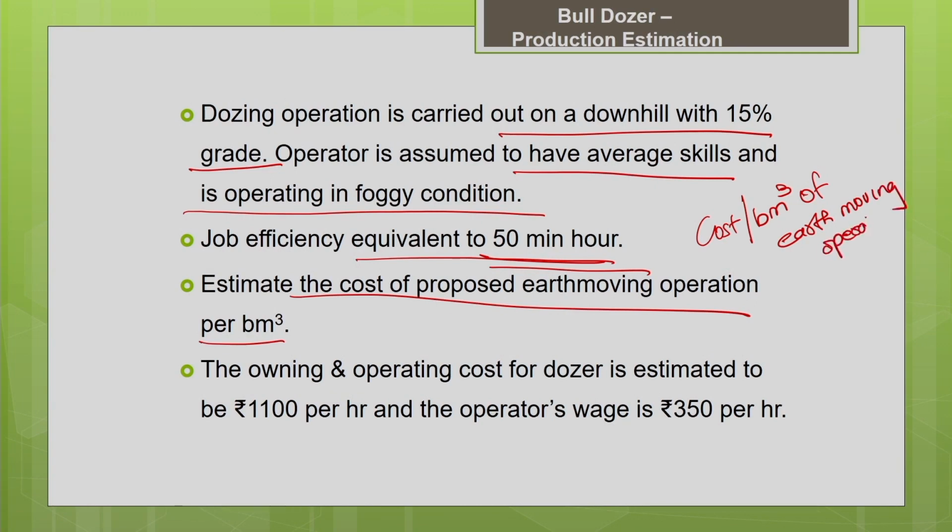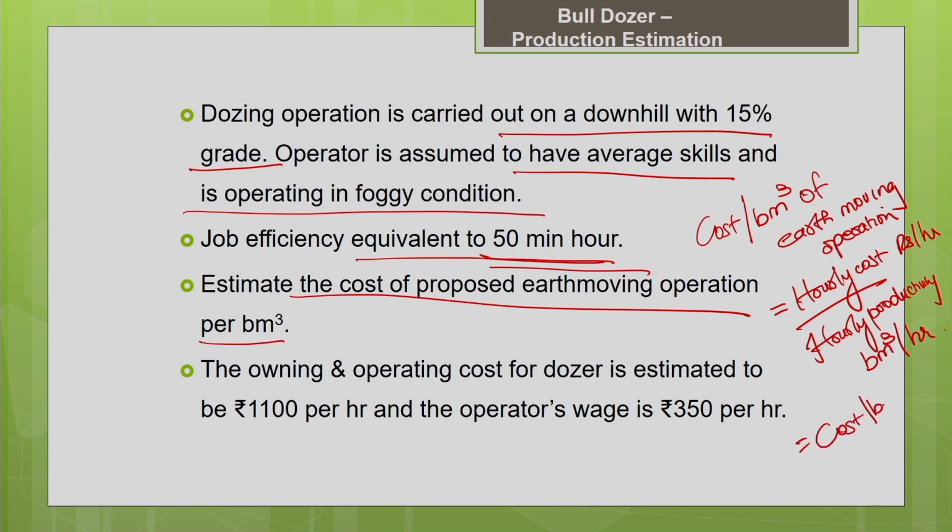That is nothing but the hourly cost associated with the machine divided by the hourly productivity. If you know both these values, say this is rupees per hour, and this you have to calculate in bank meter cube per hour, then I can get the cost per bank meter cube, the unit cost of production.